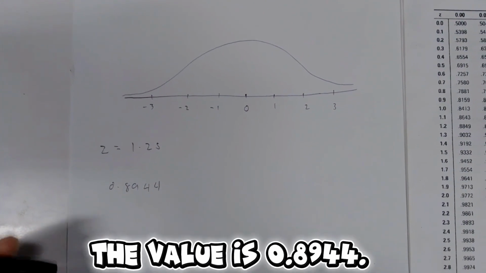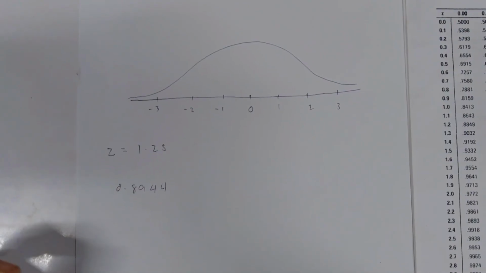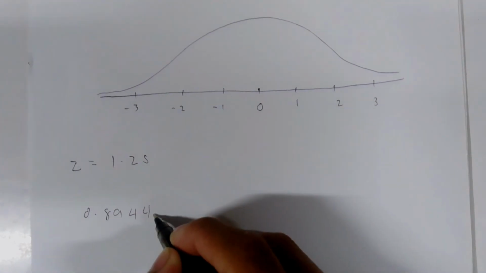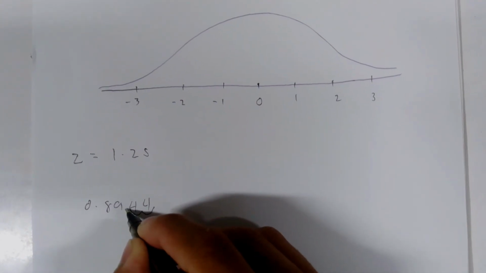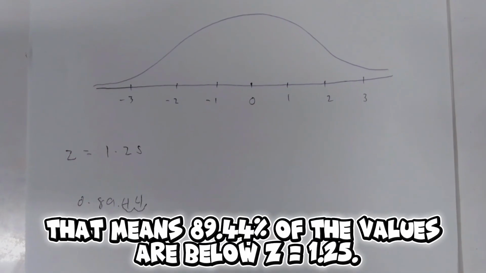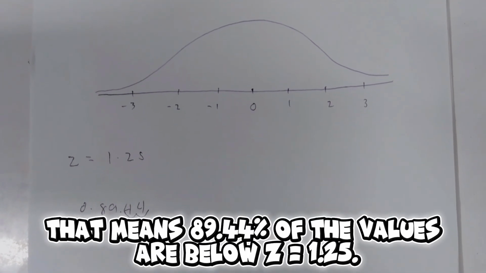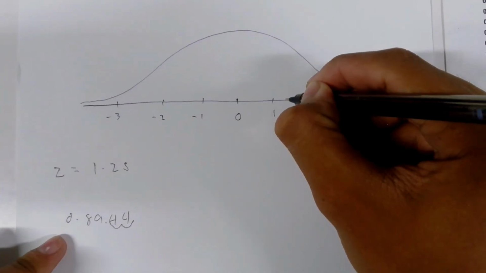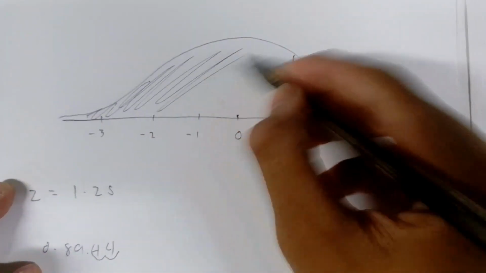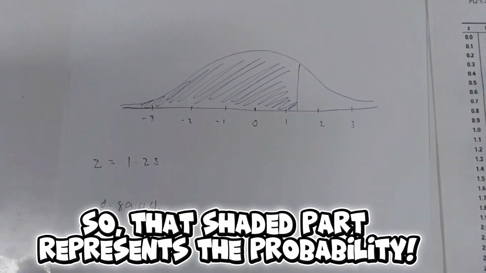We're going to move 2 decimals to the left. What does that mean? That means 89.44% of the values are below z equal to 1.25. So that shaded part represents the probability.